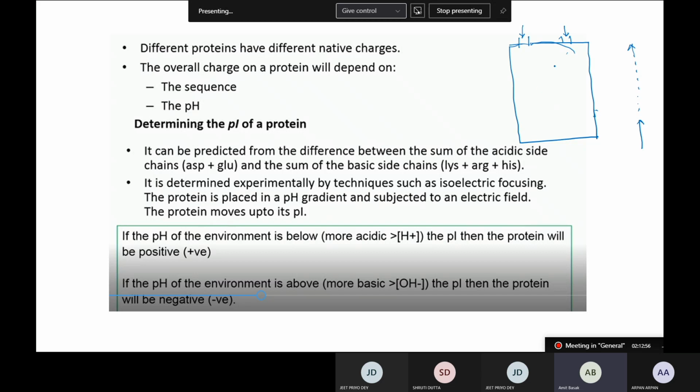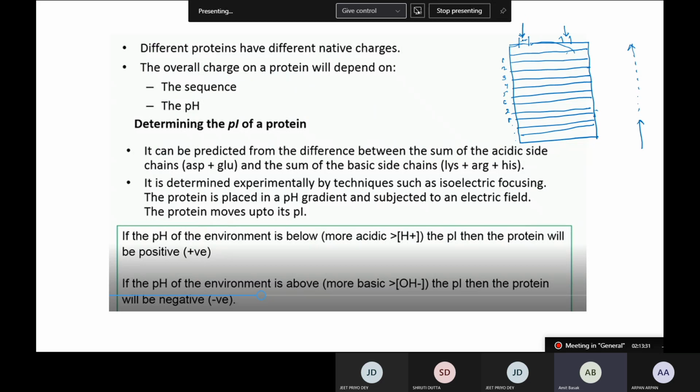Now what happens if you have a gel where you have different pHs at different regions? You dissect these different zones. Suppose this is pH 1, this area is pH 2, this is 3, this is 4, this is 5, 6, 7, 8, etc. Now you start doing the gel electrophoresis.